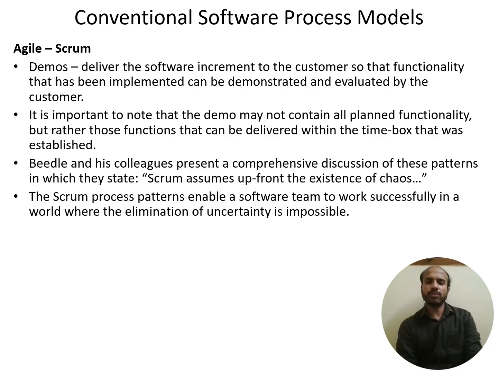So, as informed earlier, Weedle and his colleagues present a comprehensive discussion of these patterns in which they state Scrum assumes upfront the existence of chaos. The patterns that we discussed, beginning with the backlog and then the sprints and then the team meeting.